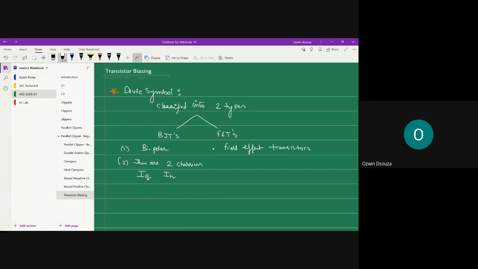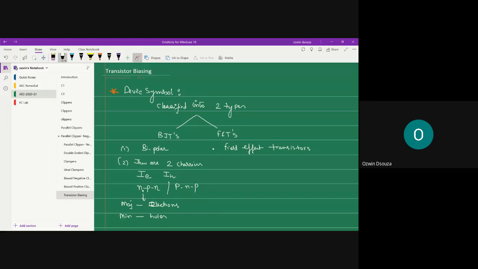Which is majority and which is minority solely depends on the type of BJT you are going to use. So there are two types of BJTs, NPN and PNP. In case of NPN BJT, the majority charge carriers are electrons, and the minority charge carriers are holes.